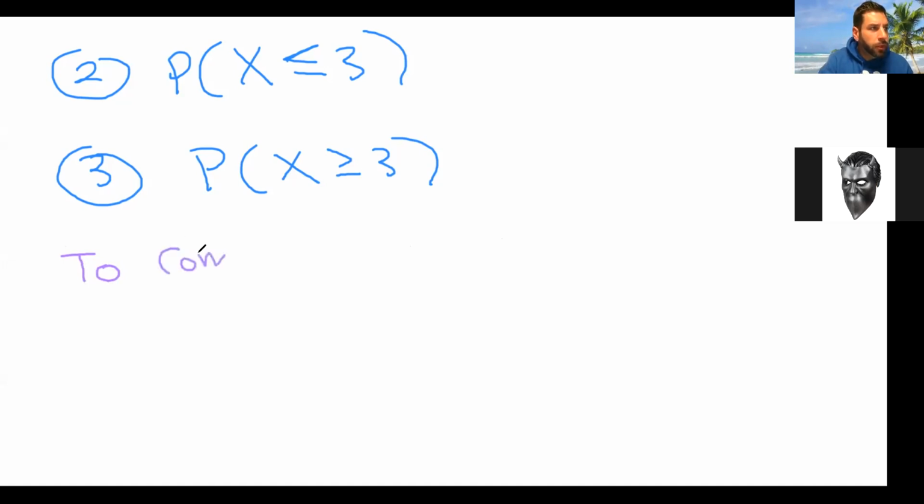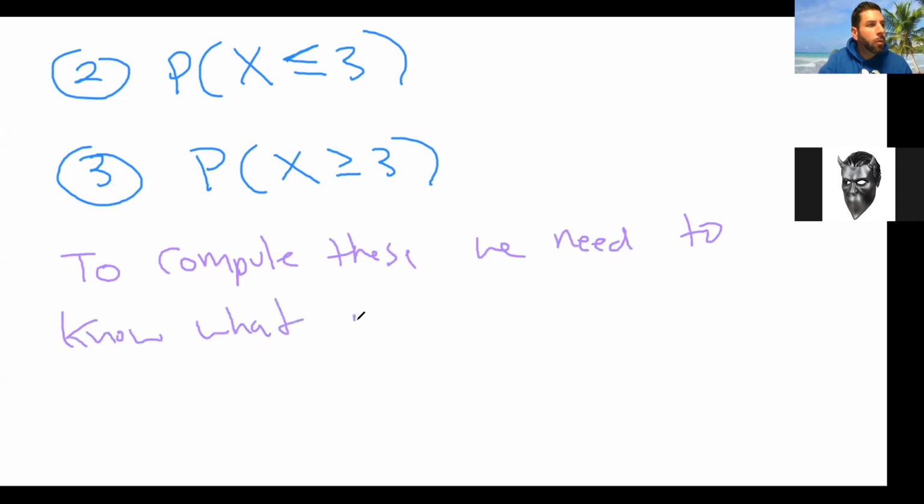So to compute these, we need to know what our success, quote unquote, is. So let's say that success is they want to live on the beach, and failure is they do not want to.